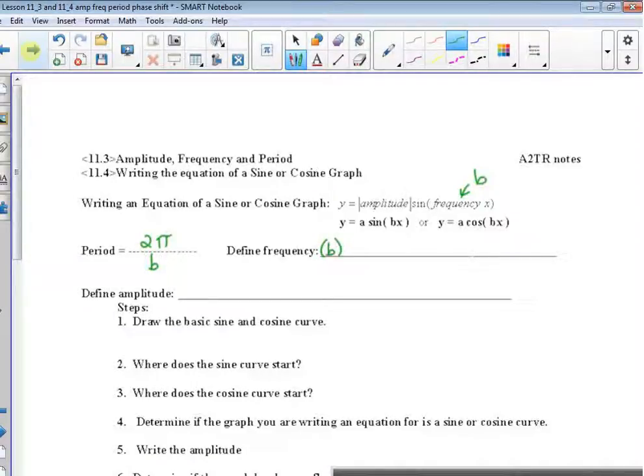It is the number of full curves from 0 to 2 pi, which is 360 degrees. Amplitude is the height. It's half the distance from the min value to the max value.